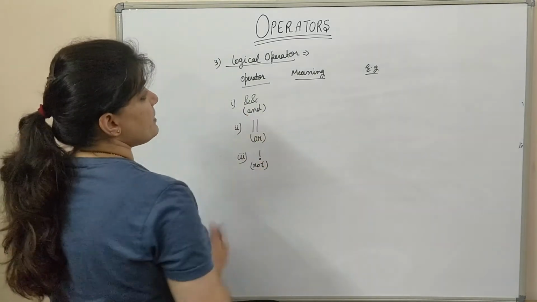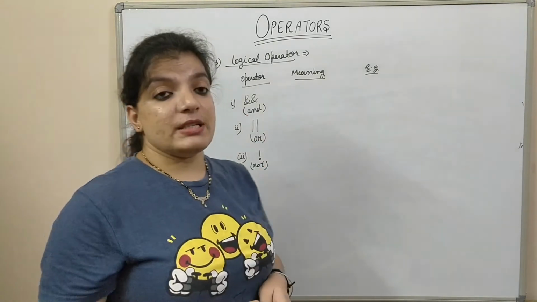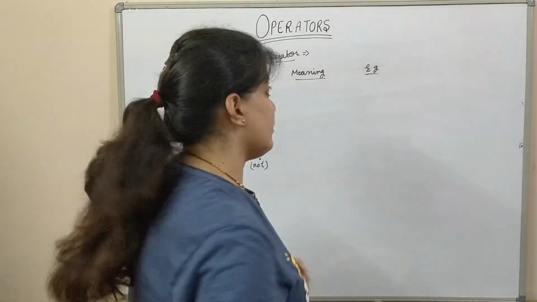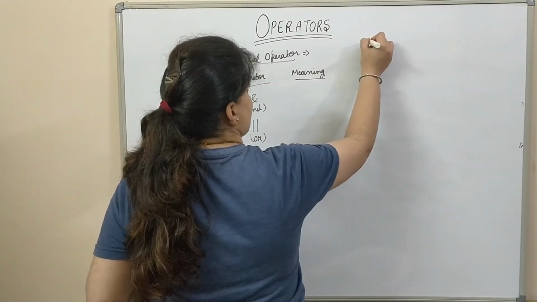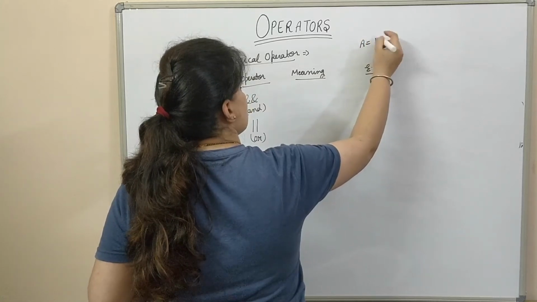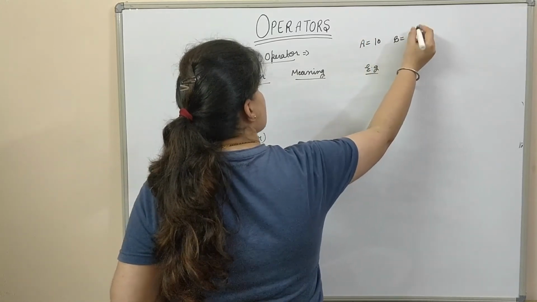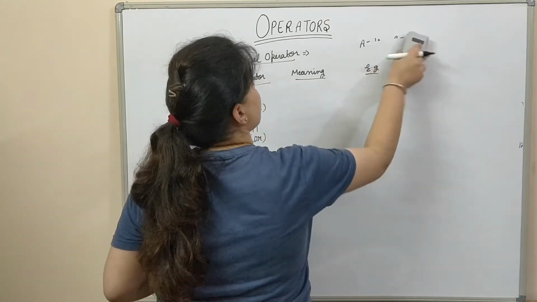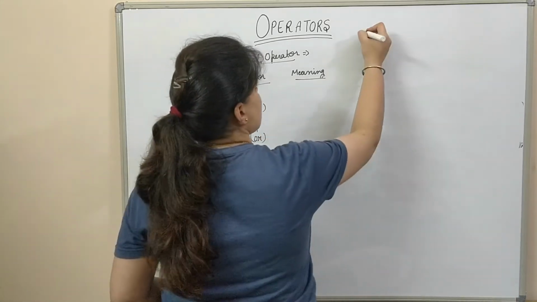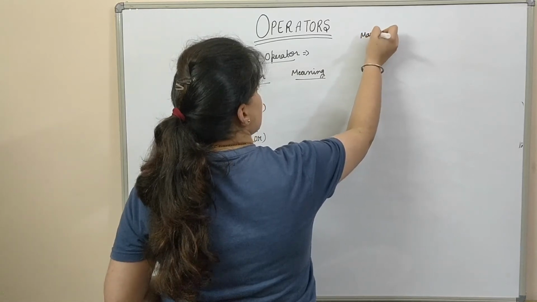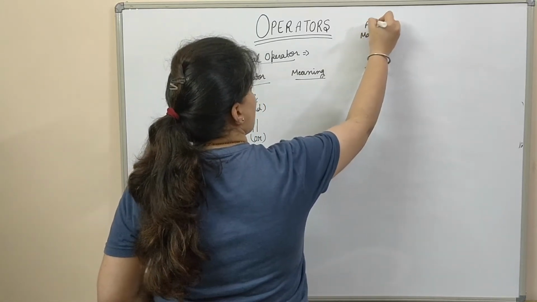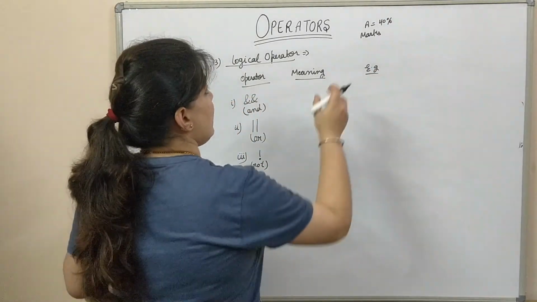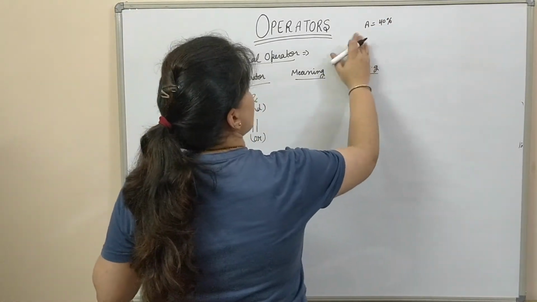So what is the purpose of this? The purpose of this operator is, if the value of both operands, like you have two operands, A is equal to 10 and B is equal to... we have two operands, like student marks. A got 40%. Okay. And we have two operands, means two conditions.